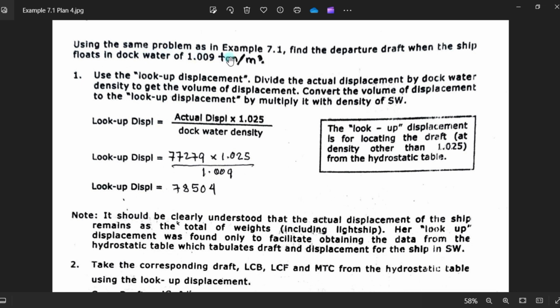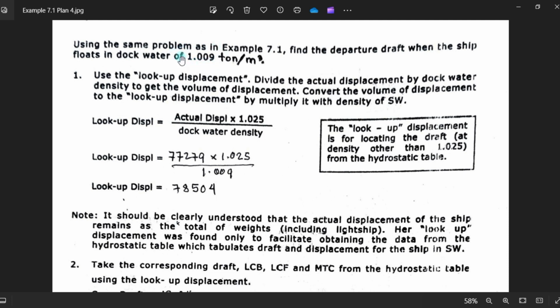Using the same problem as an example in 7.1, find the departure draft when the ship floats in dock water of 1.009 tons per cubic meter. Meaning, what will be her draft when she floats in density 1.009?